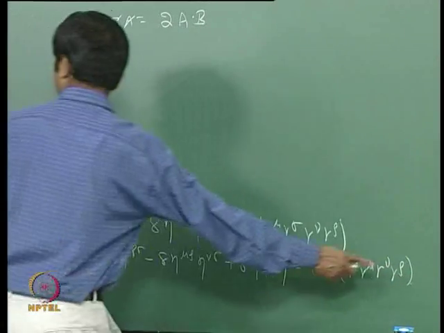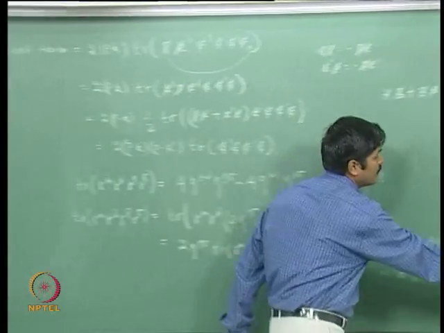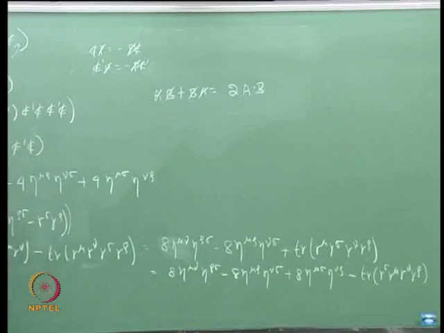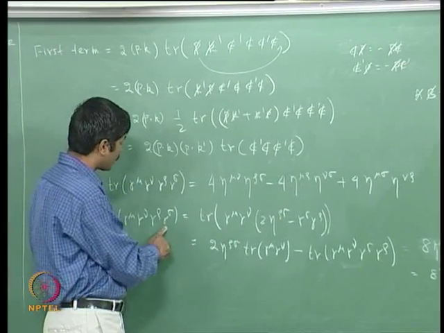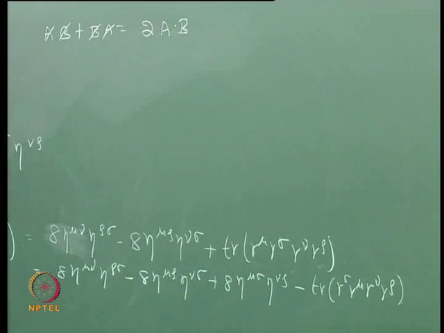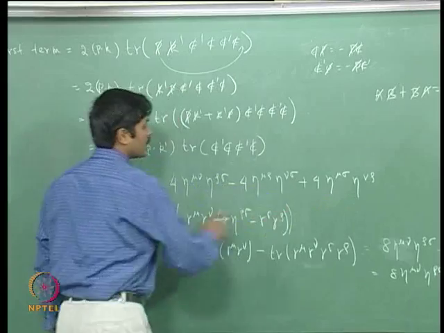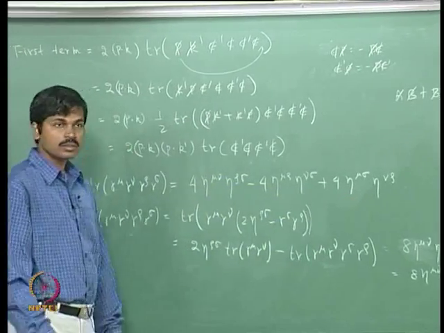But this quantity is same as this. So, if you bring it here, this will give twice trace of gamma mu gamma nu gamma rho gamma sigma is equal to 8 times this quantity. Therefore, the trace of 4 gamma matrices is given by this. Okay.